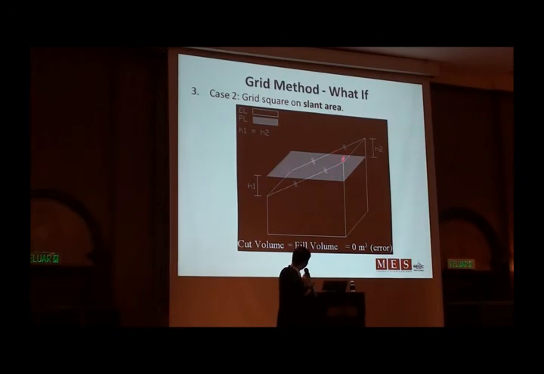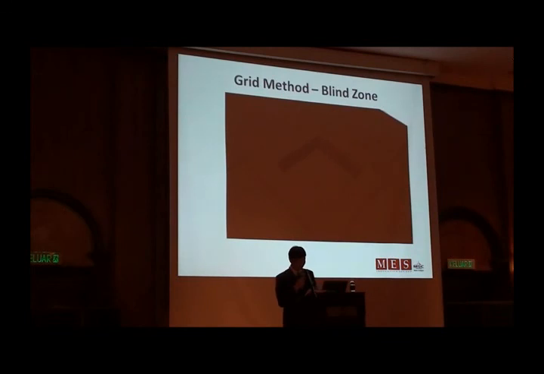If you're using the grid method, you will say cut volume and fill volume are zero. This means no action taken, no cut and fill activities. But in fact, yes, there are, because the upper part compensates the lower part.